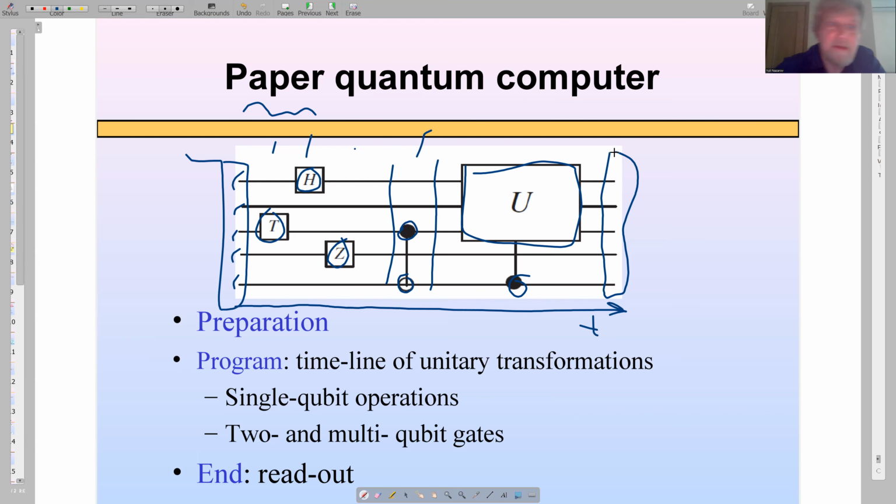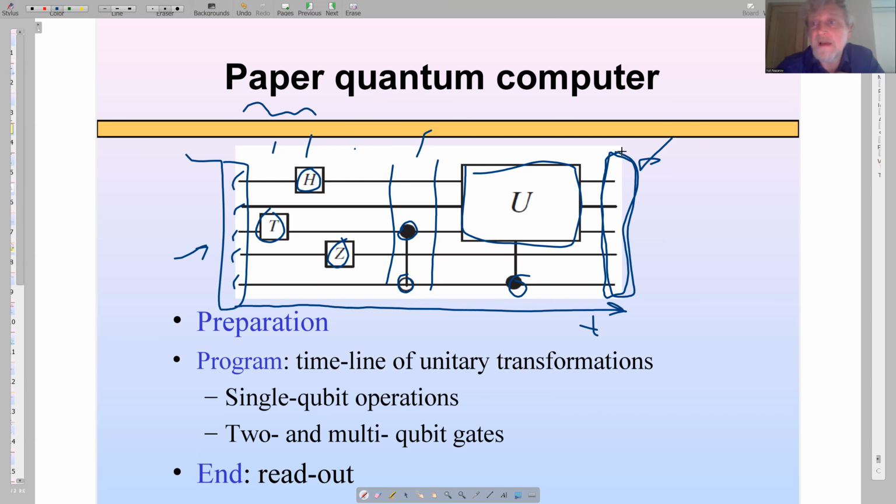What one can do is prepare the wave function again, run the same program, and measure the result. So one can collect statistics, thereby one can eventually characterize the whole wave function we would like to compute.